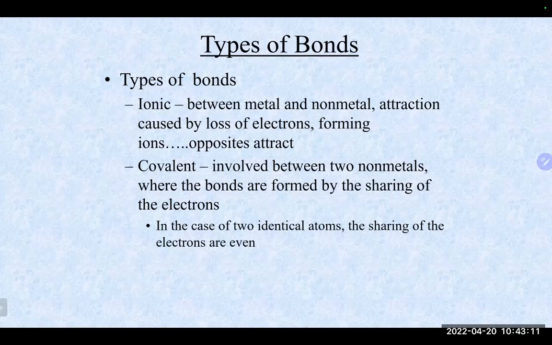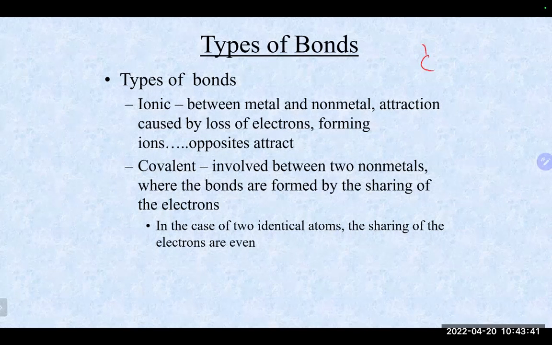That's different than what we see in a covalent bond, where we have two nonmetals sharing electrons. And whether or not in a covalent situation we end up with a polar bond is dependent on the electronegativity and how those electrons are going to be shared in a particular bond.